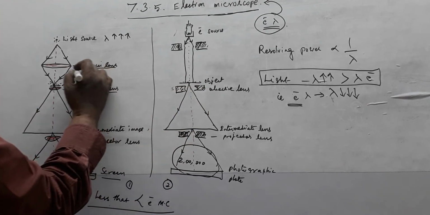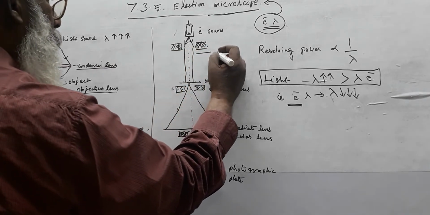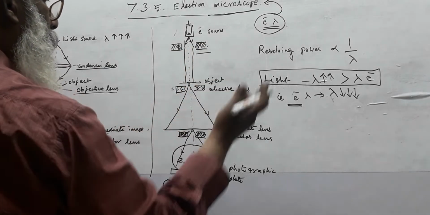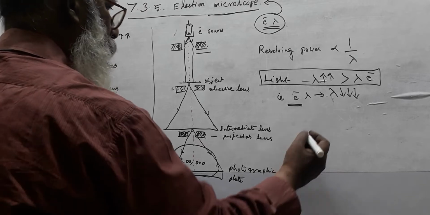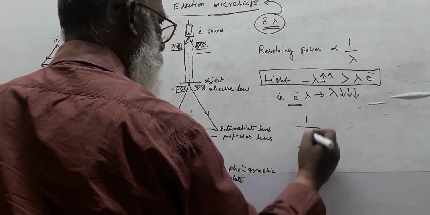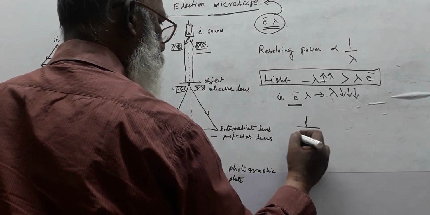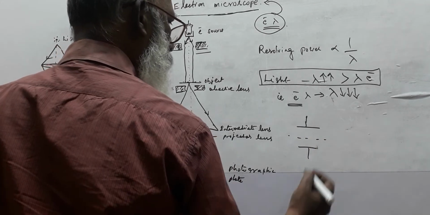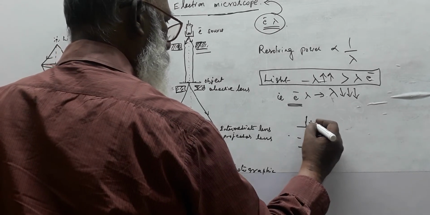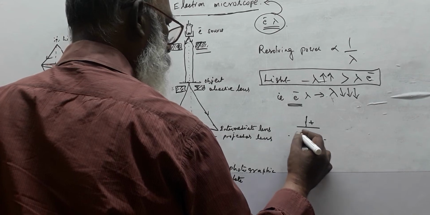Instead of a condenser lens, we are using an electric field or magnetic field, because when you apply the field, the electron rays moving through it are deviated, as this is a negatively charged particle.